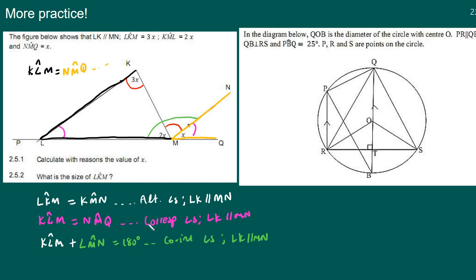Then what is your reason? Corresponding angles, where KL is parallel to MN, isn't it?